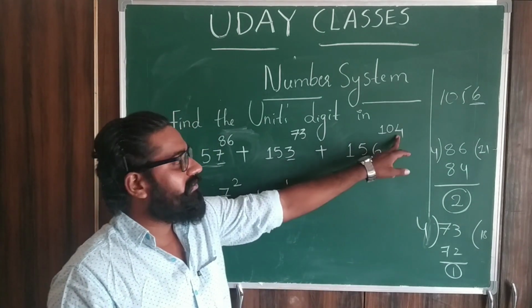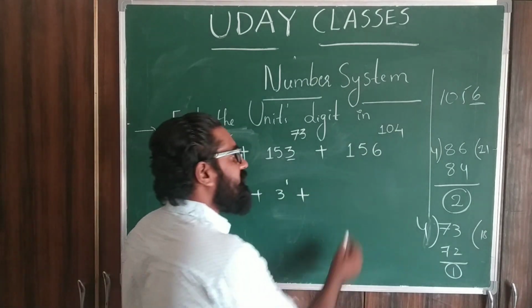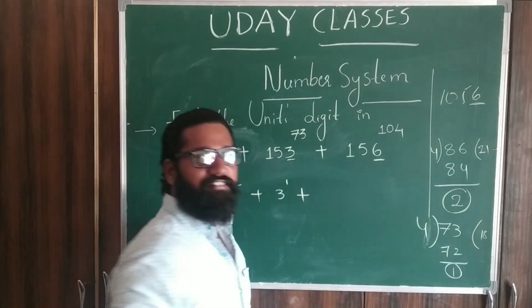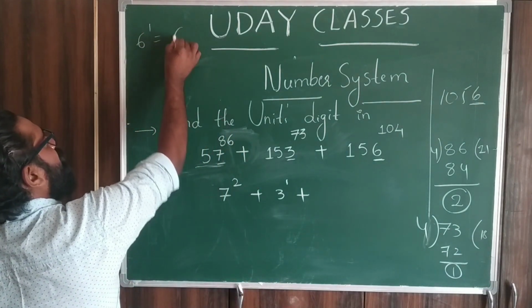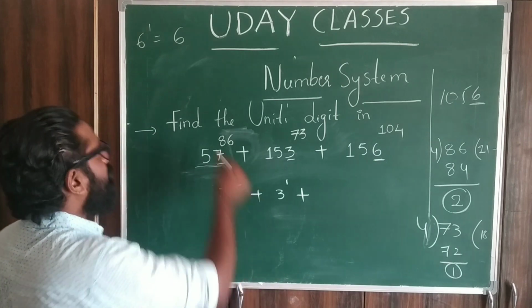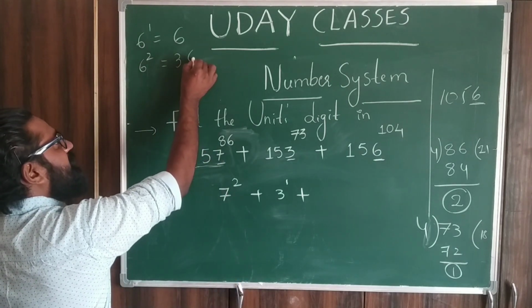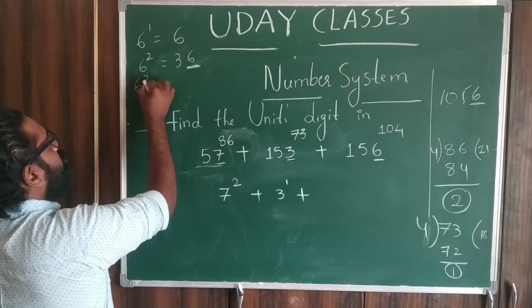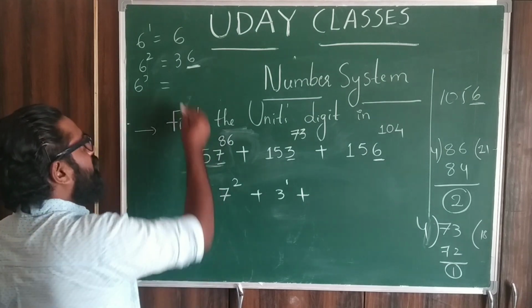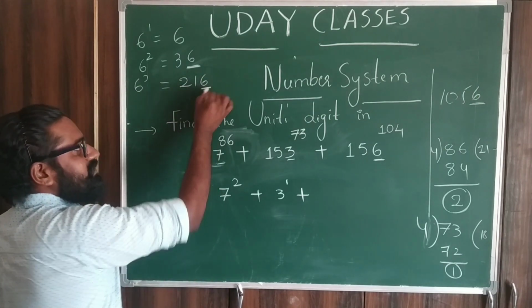156 power 104. Here no need to divide with 4 also, because here last digit is 6. If you observe one simple point, 6 power 1 is 6. 6 square is nothing but 36. 36 means again you are getting 6 at the last. 6 cube is nothing but 216. 216 means again you are getting 6 at the last.